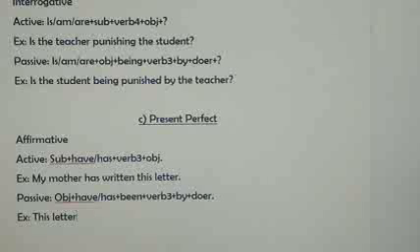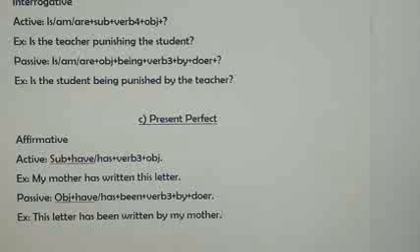Now you have to choose what auxiliary verb will be applied, have or has. Obviously there will be has because this letter is singular. So, this letter has been written. Written by whom? By my mother. So I need to place my mother in the place of the doer.